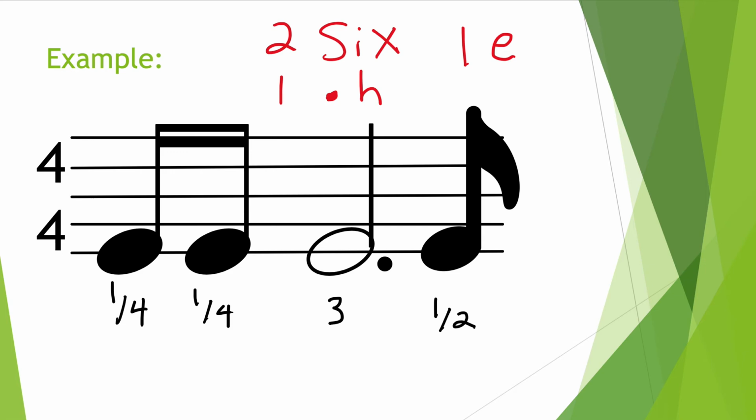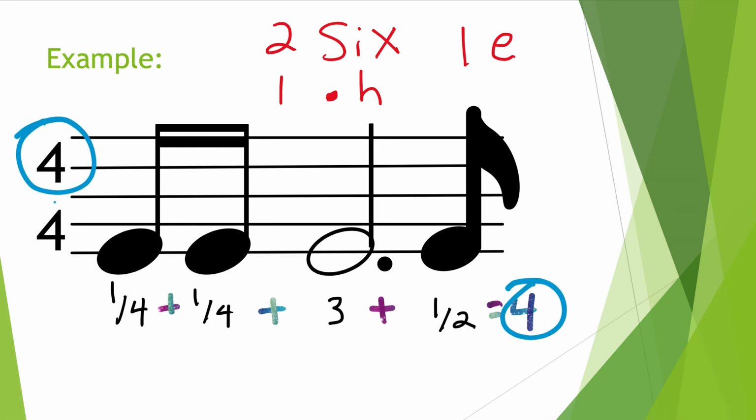So if we were to add all of these together, we get 4. And this works out with our value up here. So we know that there are 4 beats in the measure. Now, we have to write out the counts.